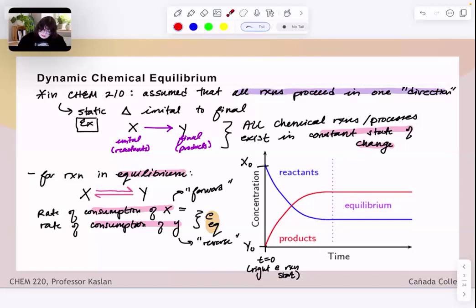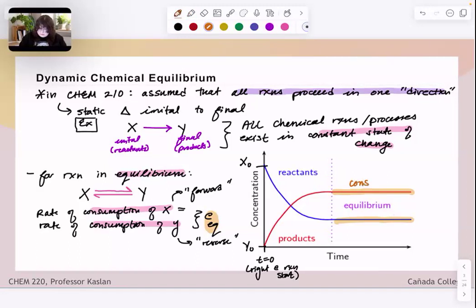And once these two rates equal one another, meaning notice the slope of this line here and the slope of this line here are the same, these rates are constant. So constant forward rate, constant reverse rate. We have officially achieved our state of being in equilibrium.